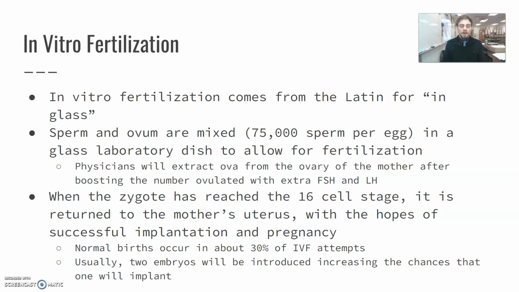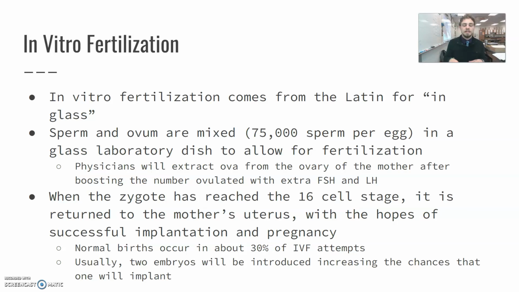Well, that raises a bunch of ethical questions related to the topic of abortion, where what are you doing with the ones in glass that you're allowing to develop to that 16 cell stage, but you don't introduce to the uterus? Are you introducing them to the uterus, but only one's implanting and 5 or 6 are not implanting? What becomes of those? And just a lot of things. It kind of becomes a mess when you get to that.